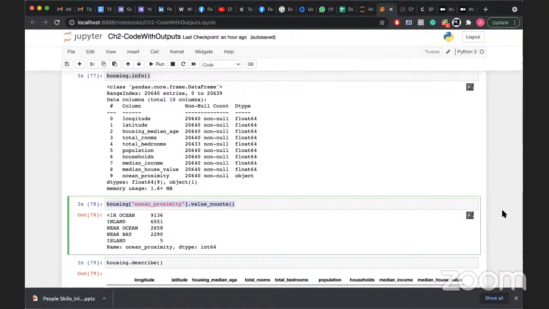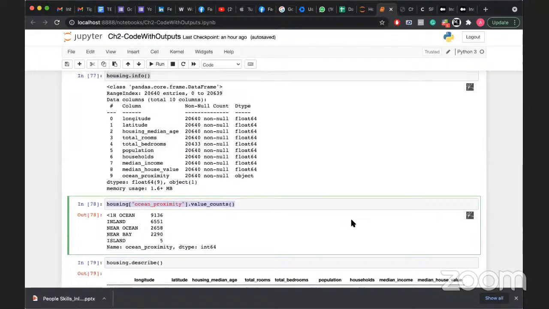Come on. Are you getting this? Can you see less than 1 hour to ocean 9,136, inland 6,551, near ocean 2,658, near bay 2,290, and island 5?